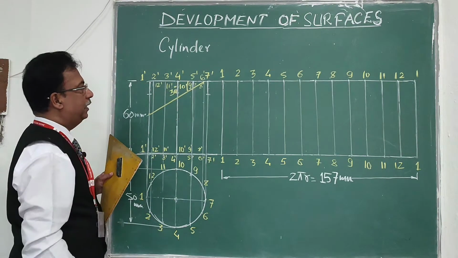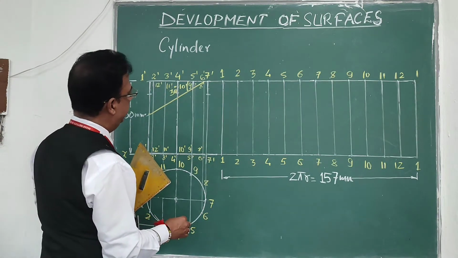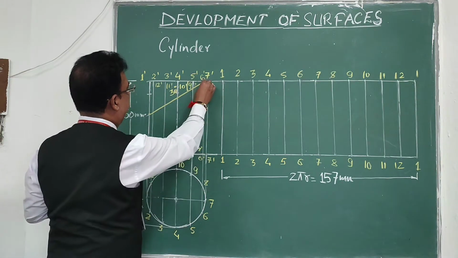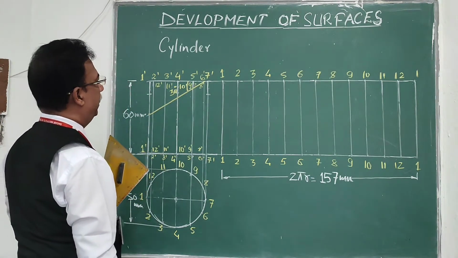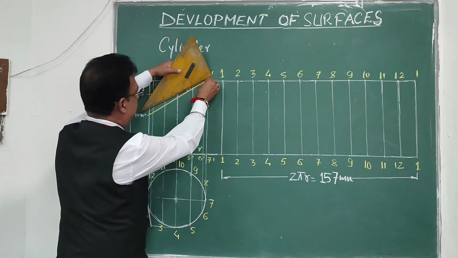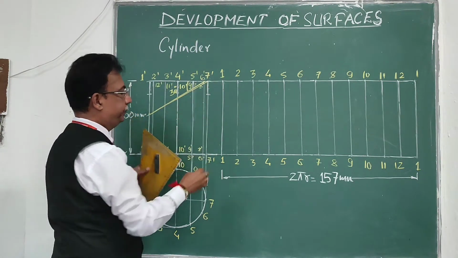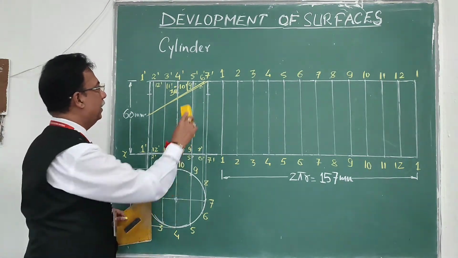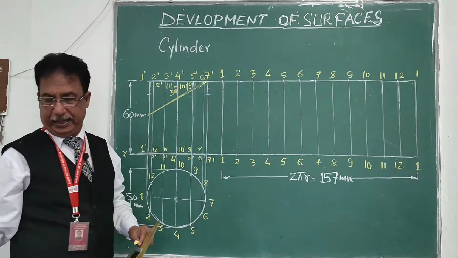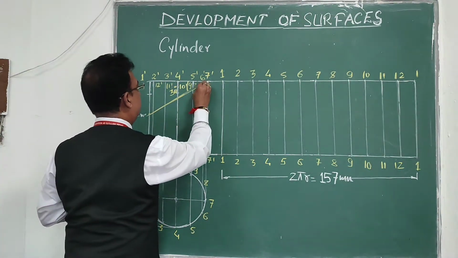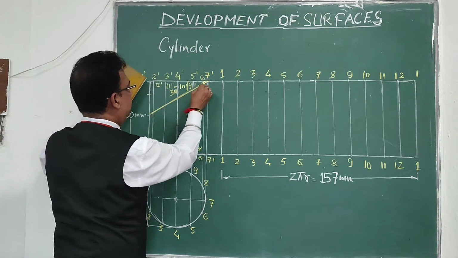So I have cut this cylinder by a section plane 30 degree inclined to this part. Actually not from here, I want to cut from this position. So I cut this cylinder from the extreme edge, that is the point 7 dash, by an angle of 30 degree.